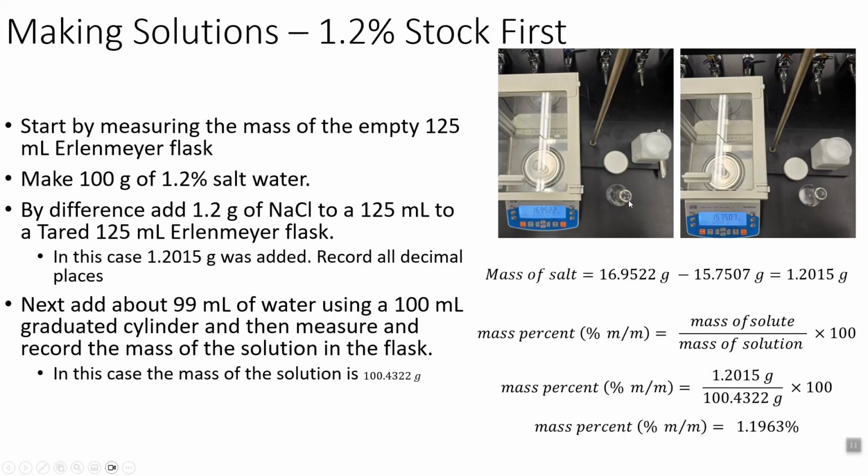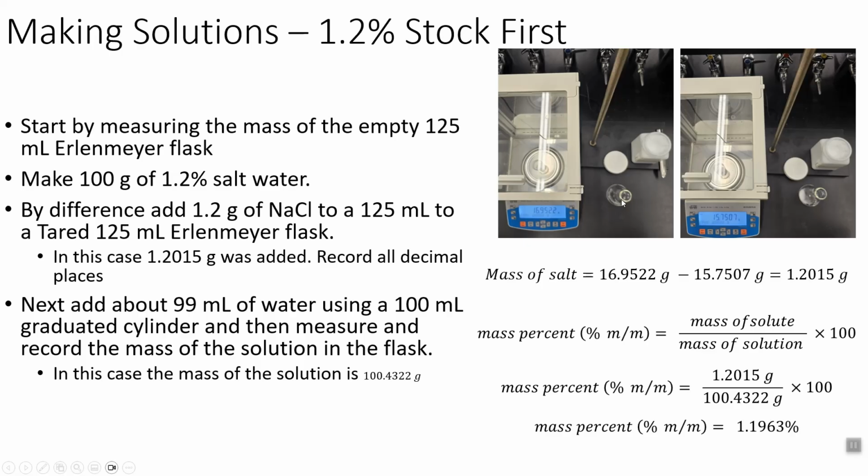We're then going to slowly, over several times, spill out the salt such that 1.2 grams are spilled out. So since this is 16.95, we want to go down to about 15.75, being conservative at first so that we're not going to overshoot it. It's a good idea if this flask is dry. It's absolutely essential that the weighing bottle is dry.